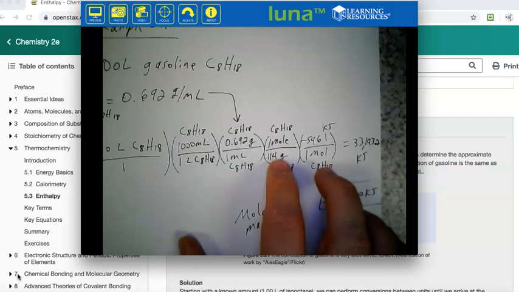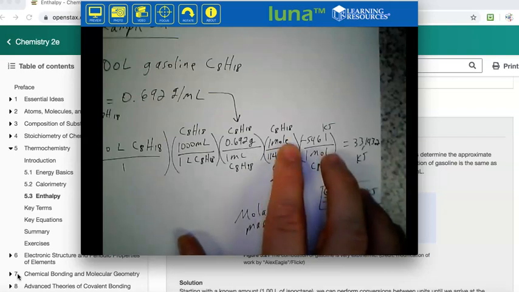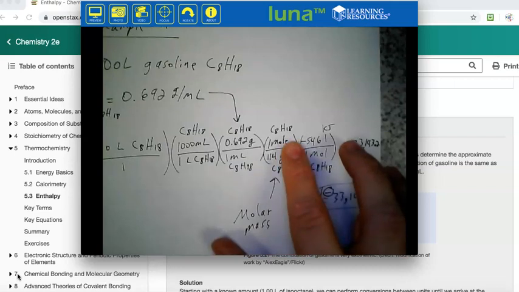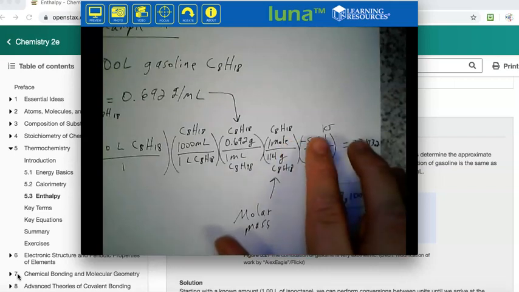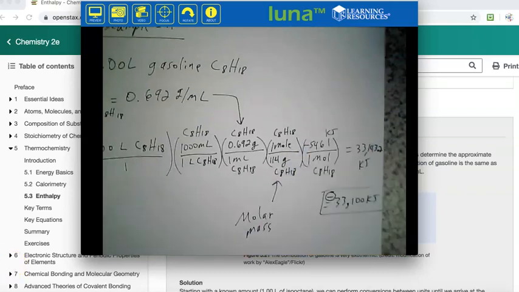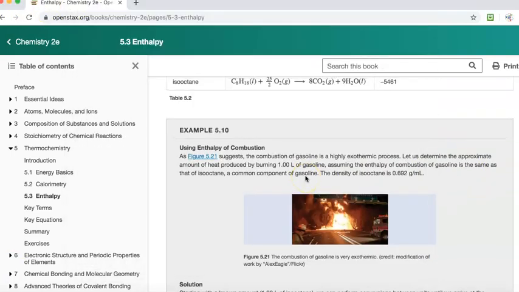So here I set it up to where I convert mass of octane to moles of octane, and then I can convert moles to energy in terms of heat, in terms of kilojoules, by looking at my table here. They said in the problem to assume the enthalpy of combustion of gasoline is the same as that of isooctane.